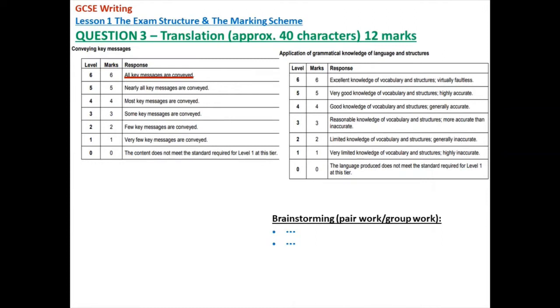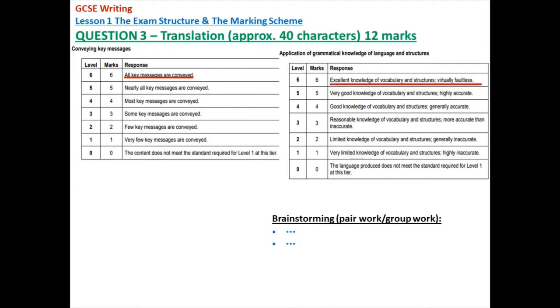The next one is the application of grammatical knowledge of language and structures. As I explained at the beginning of the overview, those will be targeted grammatical knowledge that whoever devised it is trying to test on students. And it probably won't be the same thing already covered in question 1 and question 2.